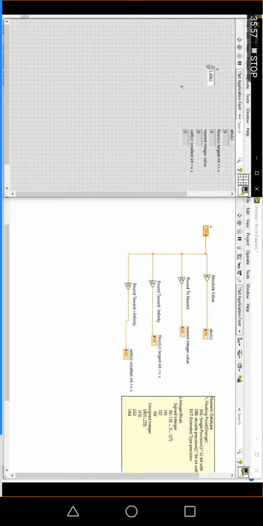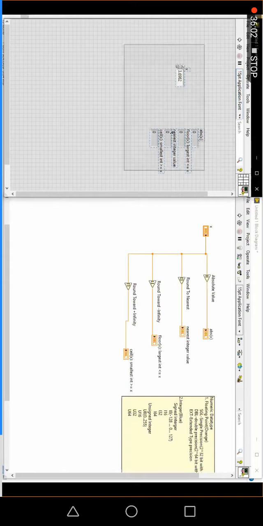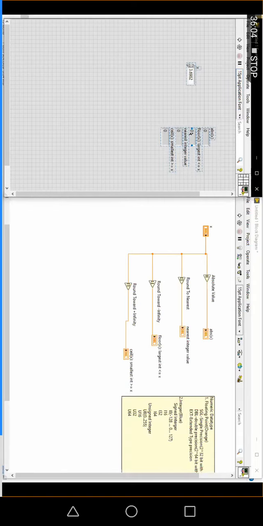Now tell me, what output will you get in all four indicators? Just guess, no need to be right. Absolute value, round to nearest, round towards negative infinity, positive infinity. What is the output in all four indicators after execution of this VI?